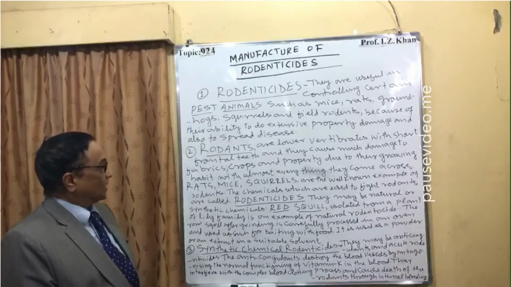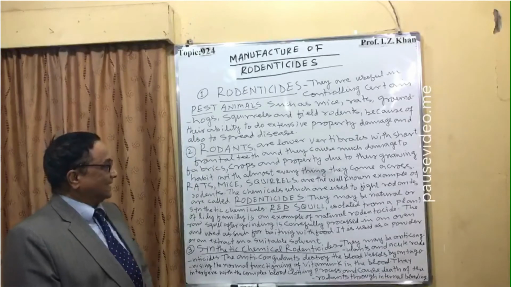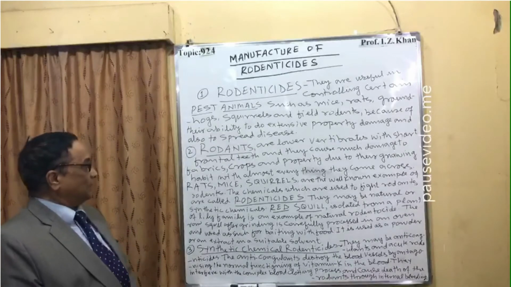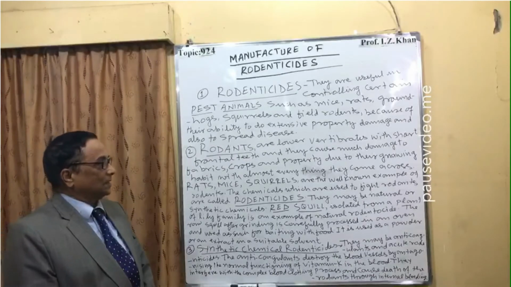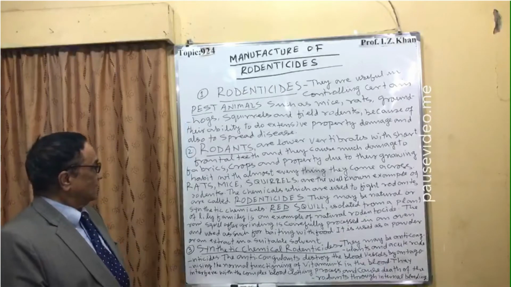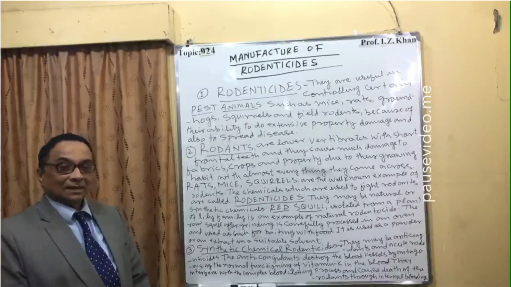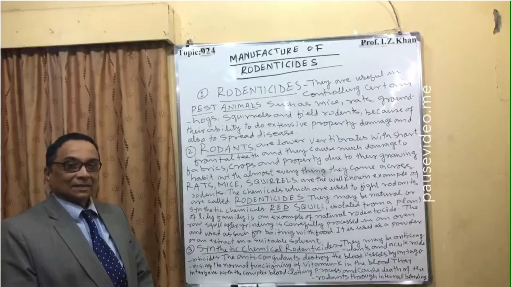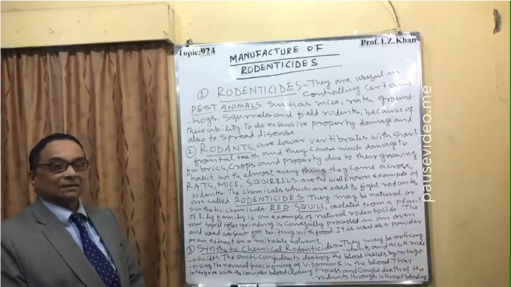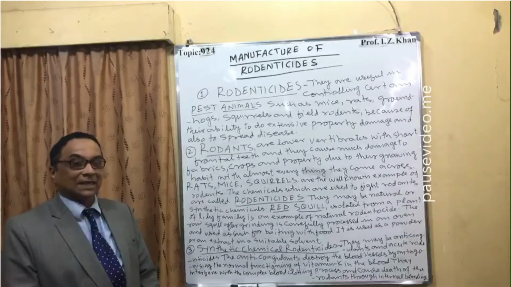Number two, rodents are lower vertebrates with short frontal teeth, and they cause much damage to fabrics, crops, and property due to their gnawing habit. So that is serious damage. The rats and squirrel, mice, they can cut very easily very fine silk, fabrics or clothes, and it can be extensive damage inside house.